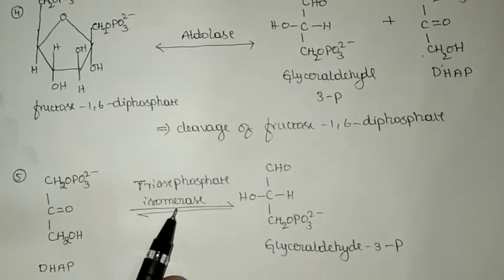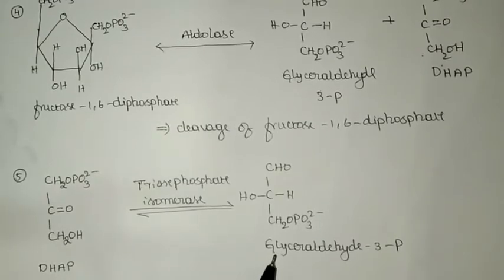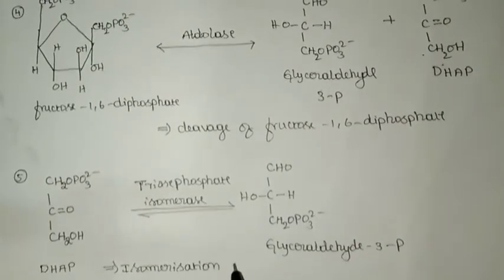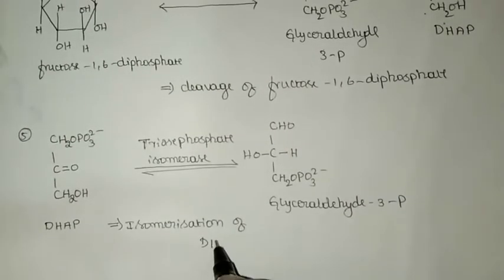That is the enzyme that converts dihydroxyacetone phosphate into glyceraldehyde 3 phosphate. So here there occurs isomerization of dihydroxyacetone phosphate, that is DHAP.